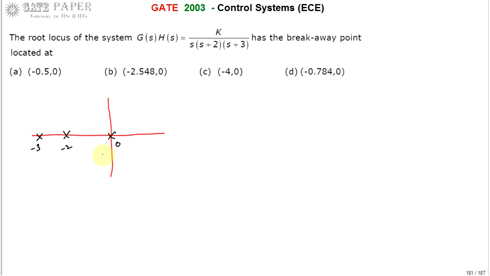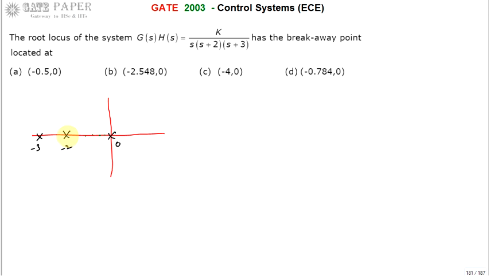One more thing: root locus branches will be present on the left half of the S plane whenever the sum of open loop poles and open loop zeros to the right of a point is an odd number. If you take any point and add all the open loop poles and zeros on its right, the sum must be odd, then that point is on the root locus.